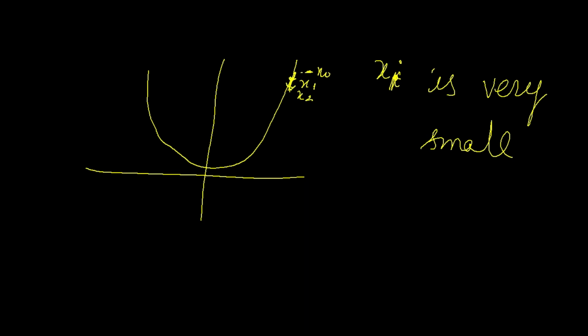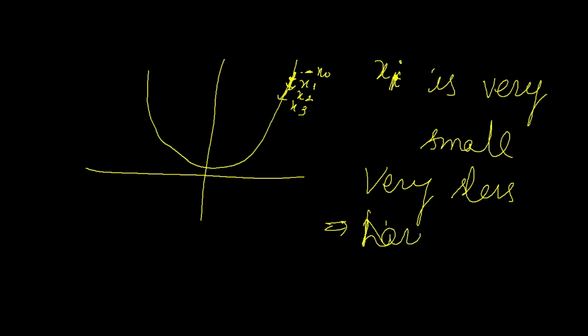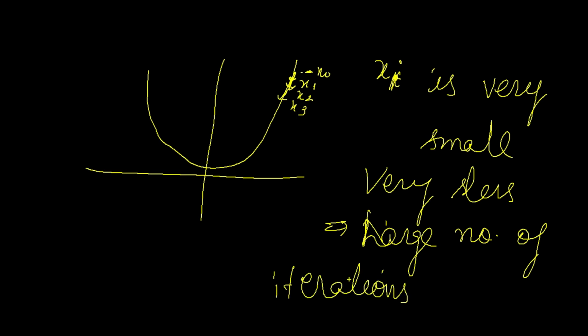This is x2, and with again a small difference, this is x3. So you can see that the convergence speed is very low. This implies that a large number of iterations are required in this case.